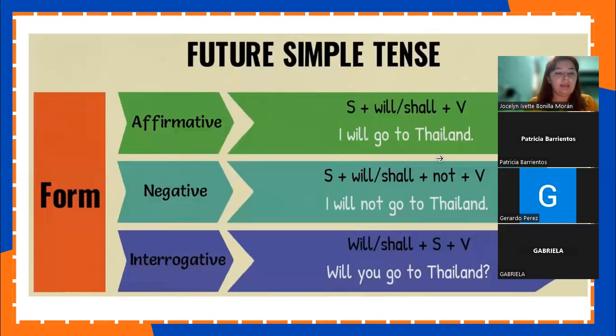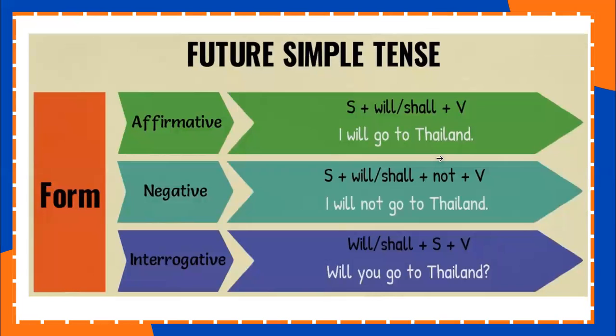So, now please just focus on the simple future using will. Solo enfoquémonos ahora a hablar sobre el futuro simple utilizando will as an auxiliary. So we have 3 forms: affirmative, negative, and interrogative. Those are the tenses.